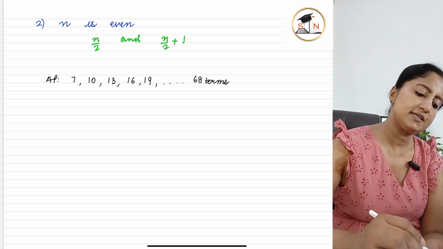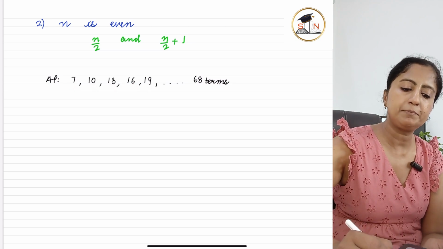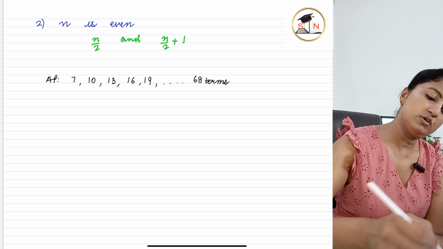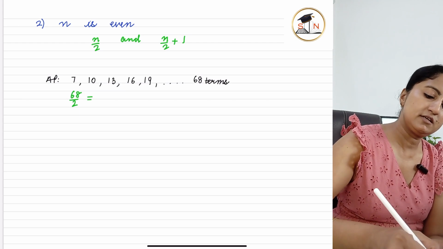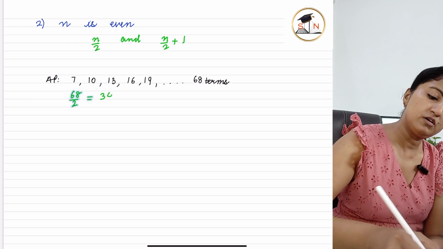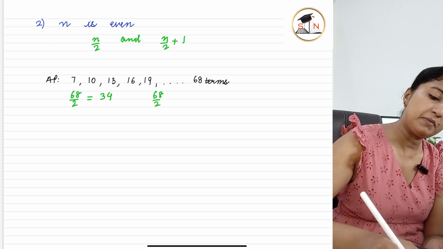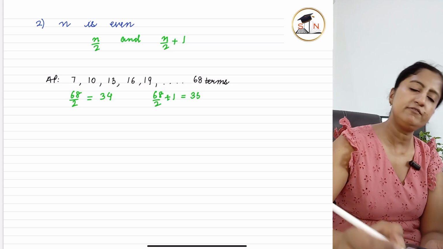The AP says 7, 10, 13, 16, 19, and so on up to 68 terms. 68 is an even number. So, let's begin. 68 over 2 is 34. And we also need to do 68 over 2 plus 1, and that results in 35.